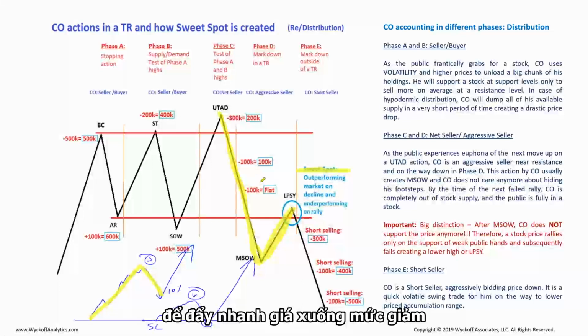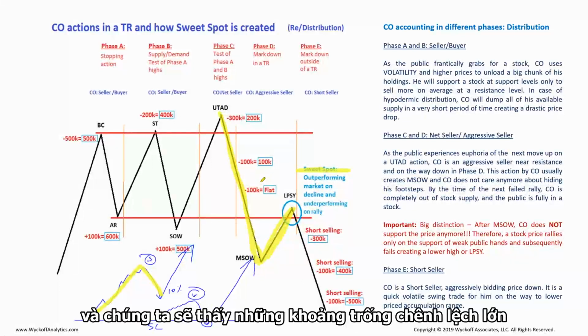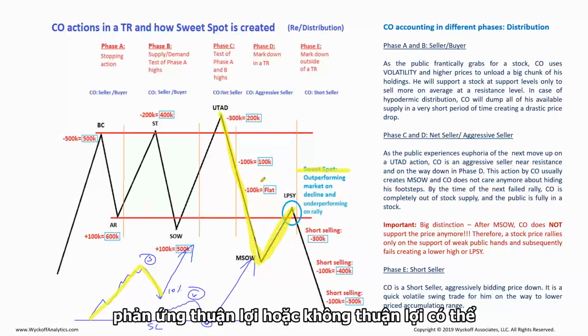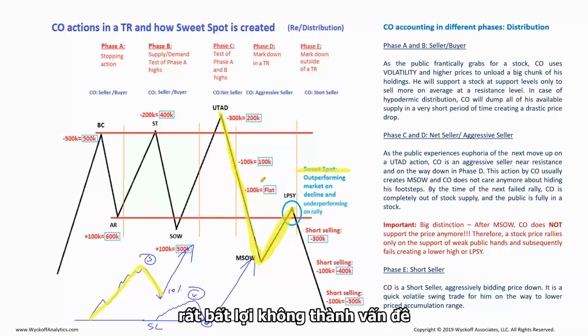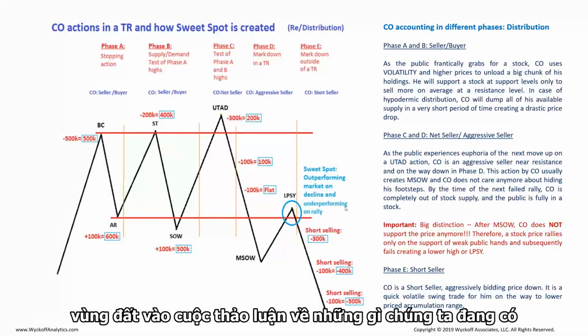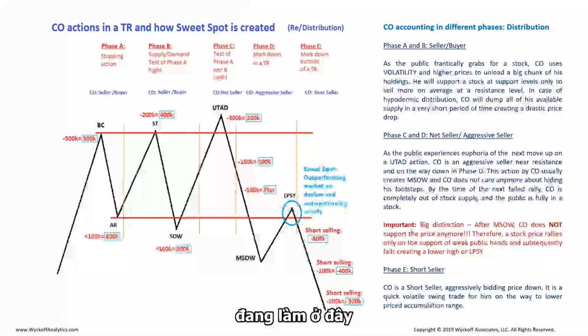Selling is going to accelerate the price to the downside, and we're going to see gaps, big spreads, big gaps on news that are going to be favorable or unfavorable. Reaction might be very unfavorable, doesn't matter. So you have to think of relative and comparative strength from an angle of institutional presence and participation, and hopefully this is the main message today that kind of lends into the discussion of what we're doing here.